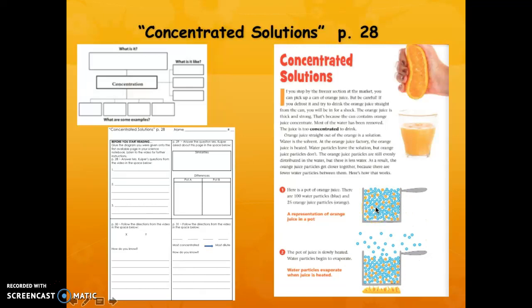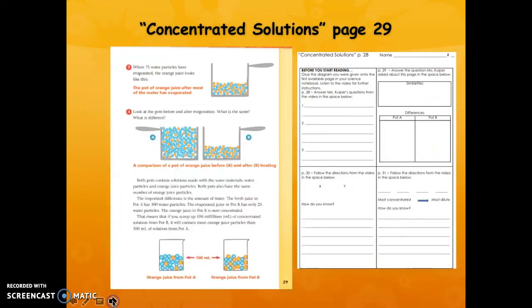So what changes from diagram to diagram? You're going to answer that right over here. What's changing? Stop the video. All right, now let's look at page 29.